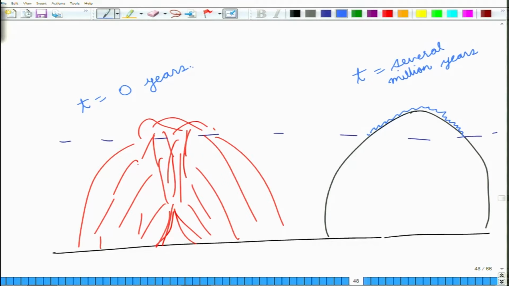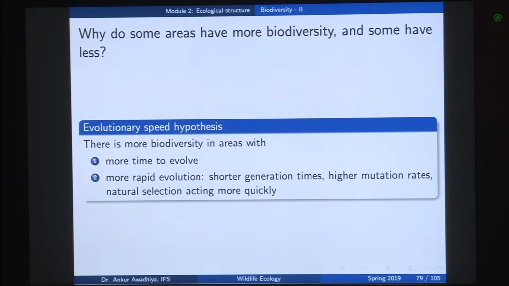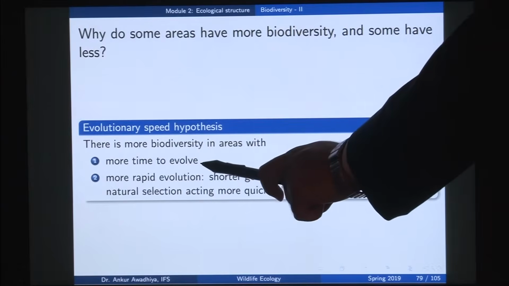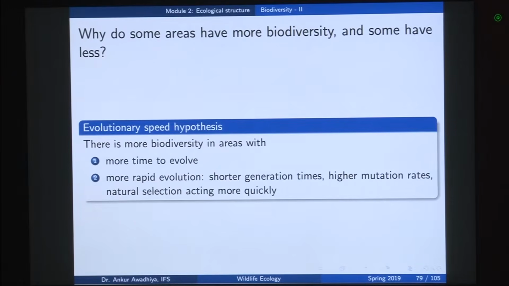Now, even this particular island would start getting biodiversity, through a process that we call succession, and we will look at succession in greater detail in one of the later lectures. But it is important to note that the time that is available for evolution is an important factor to determine the amount of biodiversity that you have in an area.